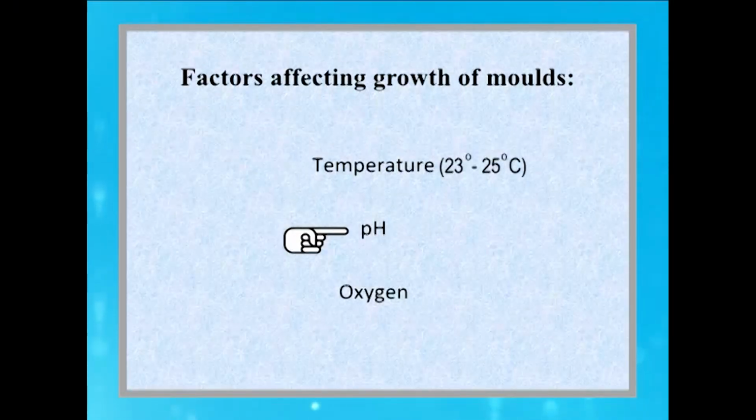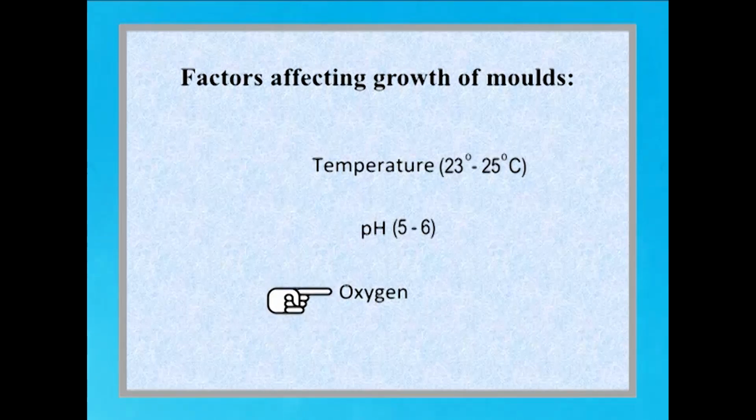A pH of 5 to 6, that means an acidic pH, is mostly favored by the growth of the mold. The third factor that is essential is oxygen. Basically, fungi are aerobic in nature and they need oxygen for their growth, survival and reproduction. So these are some generalized characteristic features of the molds.